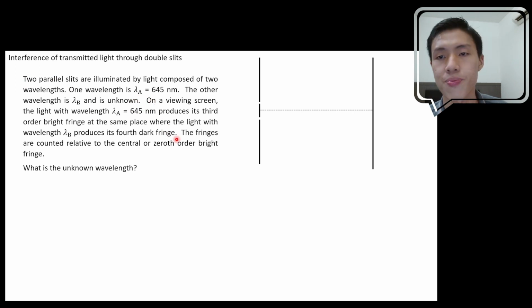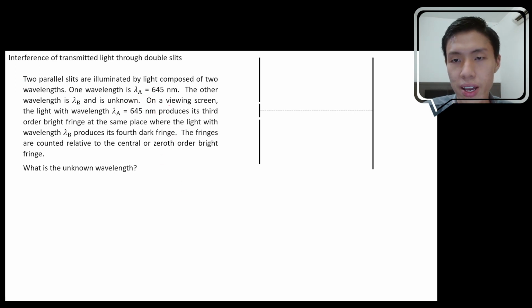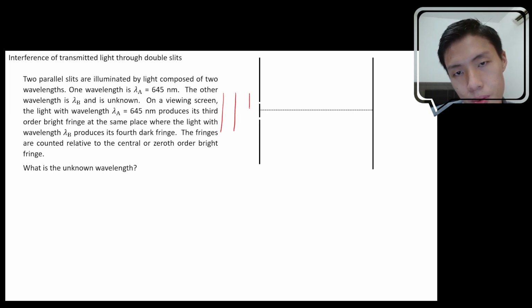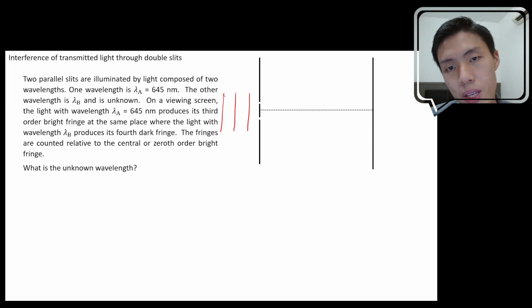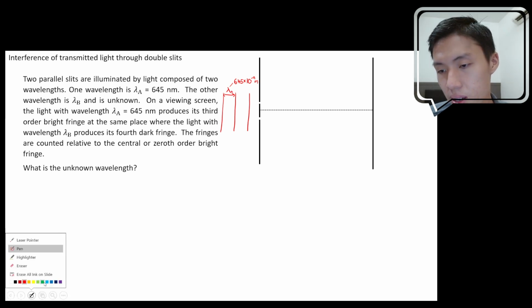I'm going to draw a red plane wave first. The wavelength will be equal to 645 times 10 to the power negative 9 meter. I'm going to call this lambda A. Then you have another wavelength, let's put it in green.